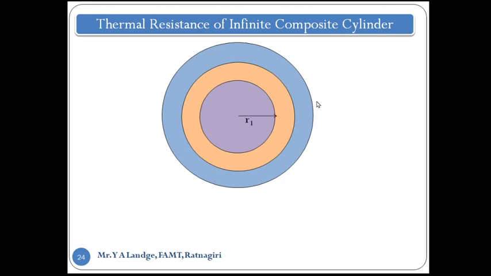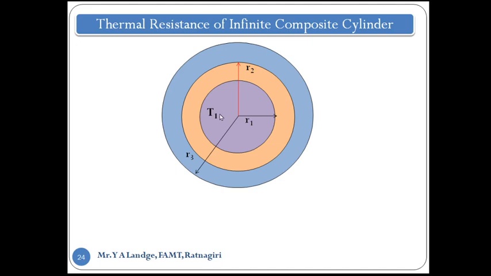So let's consider R1 is the inside radius, R2 is the radius of the first insulating material, and R3 is the radius of the second insulating material. So this is R1, this is R2, and this is R3.